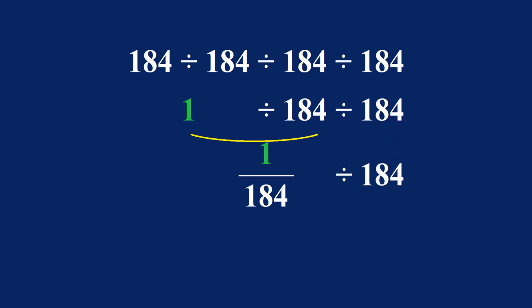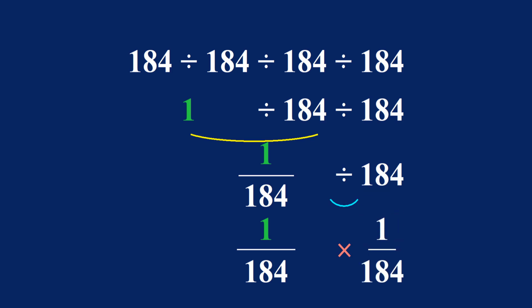So we must keep the first fraction 1 over 184 and change division to multiplication, then flip the second fraction: 1 over 184 times 1 over 184, which equals 1 over 33,856, and this is our final answer for this problem.